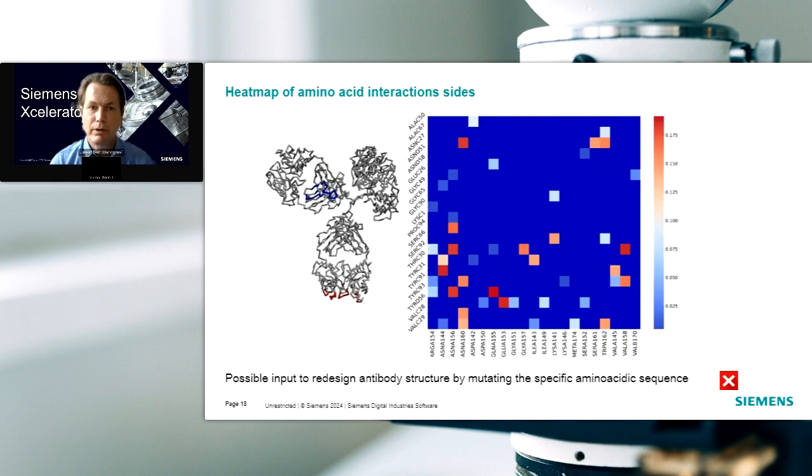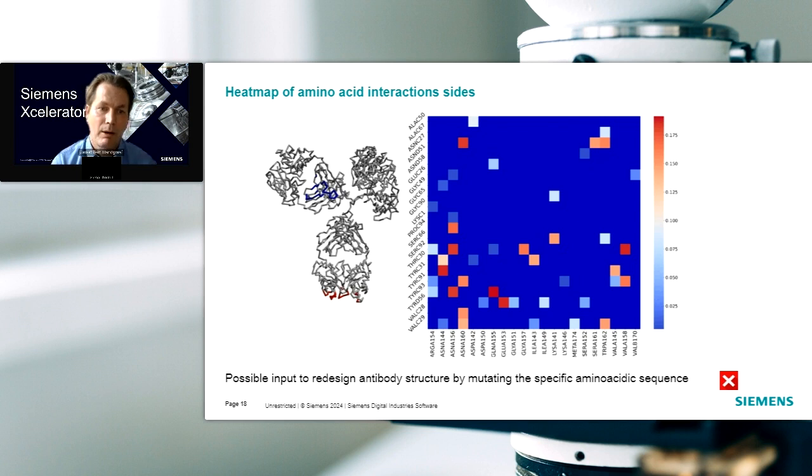And what is also nice is that because we have the underlying atomic structure, we can actually go back to that atomic structure and look at what positions in the amino acid sequence form this aggregation effect, what are the amino acids that are responsible for that, right?